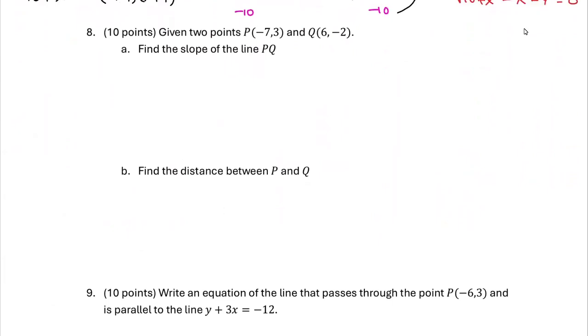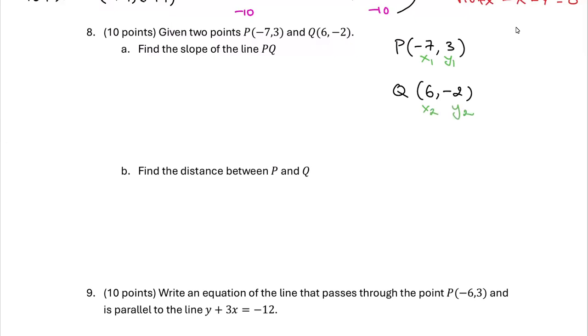Let's move on to number 8. So I have 2 points. P (-7, 3) and Q (6, -2). You want to find the slope of the line PQ. So let me write again. P (-7, 3), Q (6, -2). What I'm going to do is I call this x1, this y1, this x2, this y2.